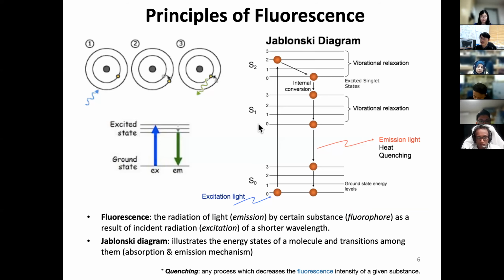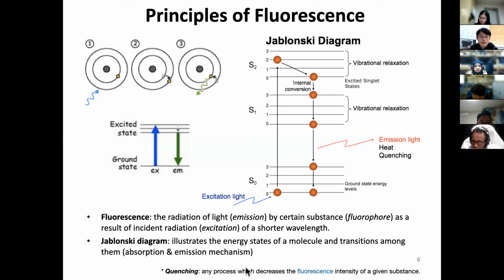Okay, so that Jablonski diagram really illustrates the states of energy of a molecule, a fluorophore, and the transitions among them. We call this excitation or absorption, because the molecule absorbs the energy, and then the emission mechanism. And as I said, quenching is a process when the fluorescence decreases due to any process.